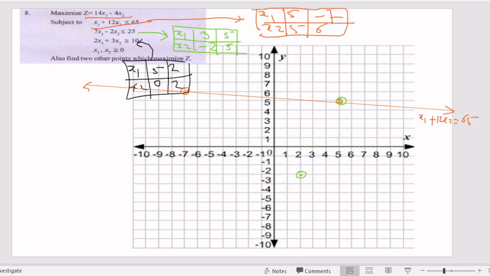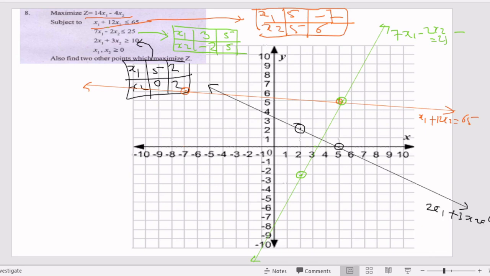Let's draw this line. Then I have written the name of the equation. Let's see how the third line can be drawn. When x1 is 5, x2 is 0, the black table, exactly this point. When x1 is 2 and x2 is also 2, this point. Let's draw this line also.